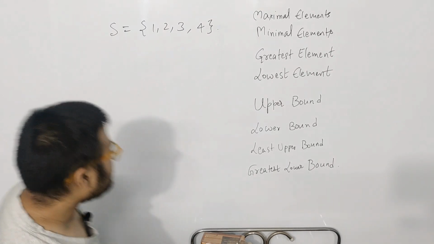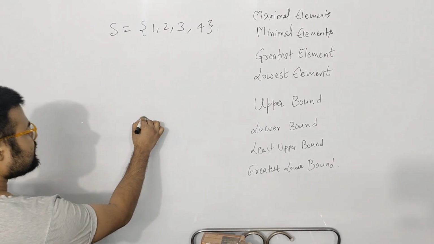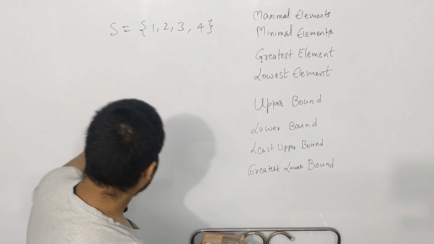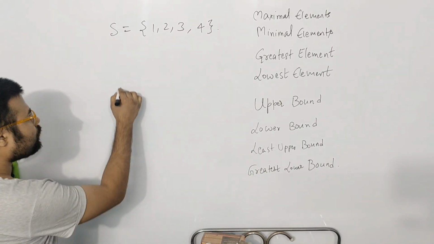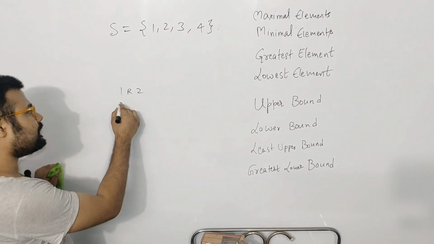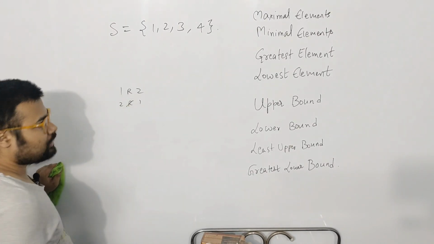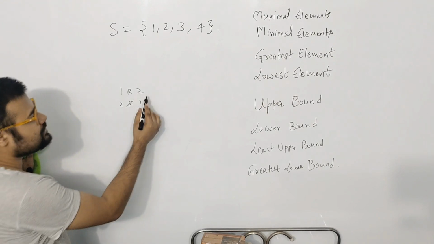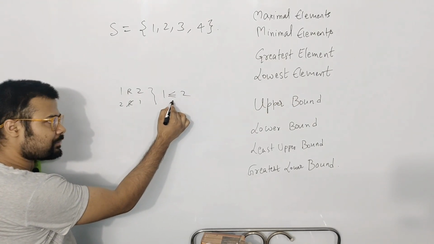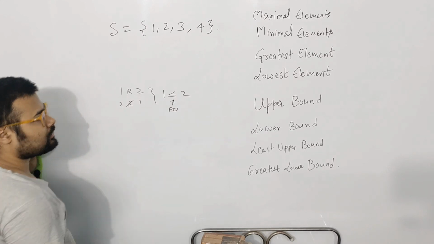What I mean is that, let's say if 1 is going to be related to 2, then clearly 2 is not going to be related to 1. And we represent this fact as (1, 2). This is how we represent a partial order relation.